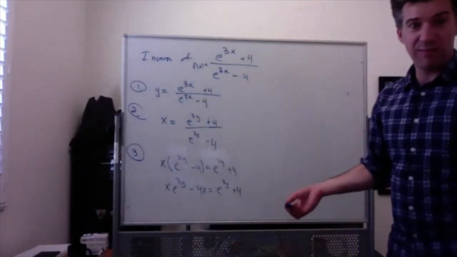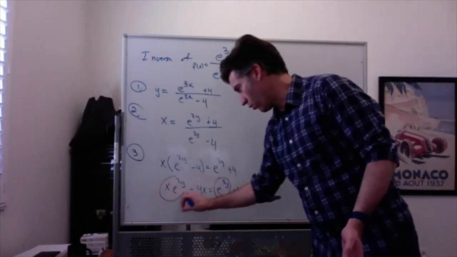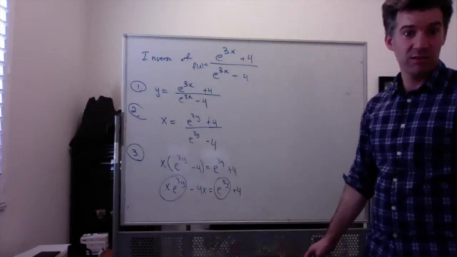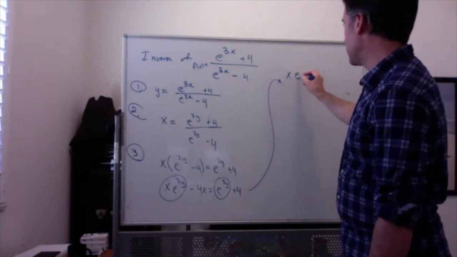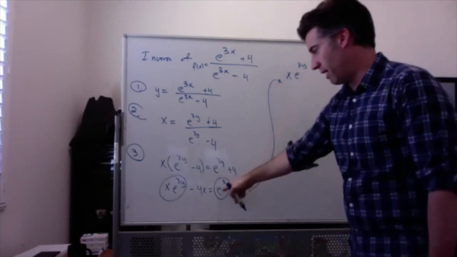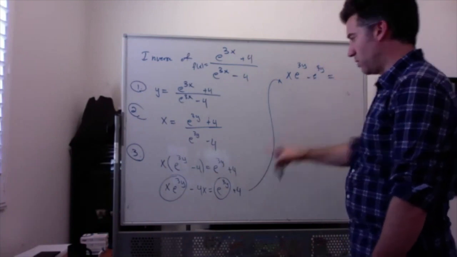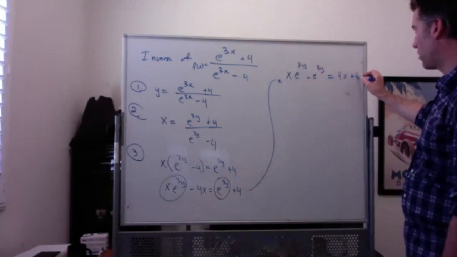And then, just like before, we can group all the terms that have a y in it on one side. So I'm going to write this as x e to the 3y minus e to the 3y equal to, I'm going to add the 4x over here, to get 4x plus 4.